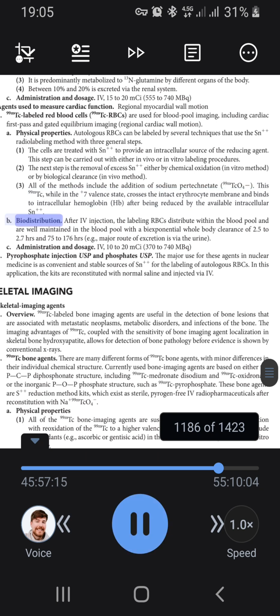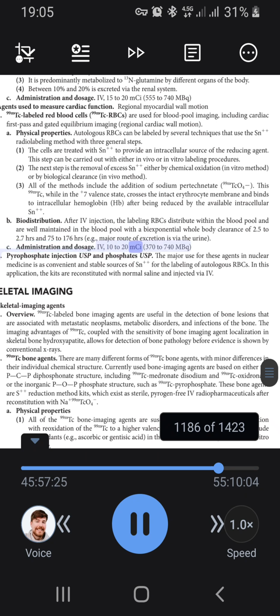B. Biodistribution. After IV injection, the labeled RBCs distribute within the blood pool and are well maintained in the blood pool, with a biexponential whole-body clearance of 2.5 to 2.7 hours and 75 to 176 hours. The major route of excretion is via the urine. C. Administration and dosage.